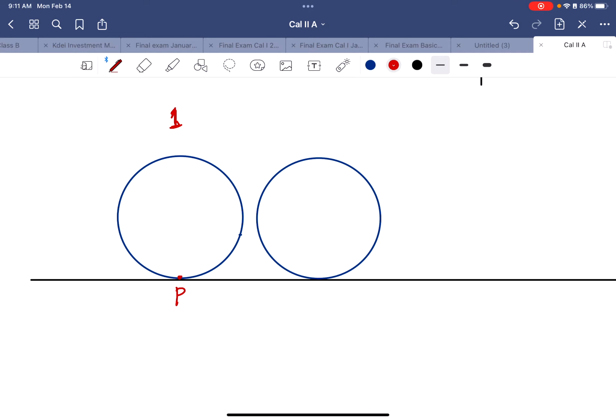Let me make another. Circling, and then make another position here. Of course, if you imagine this P, it will also be moving, right? As the circle moves, let's say the P changes to up here, maybe here.